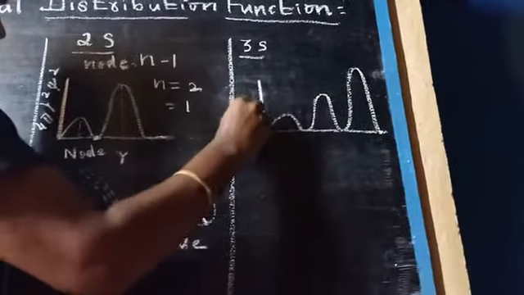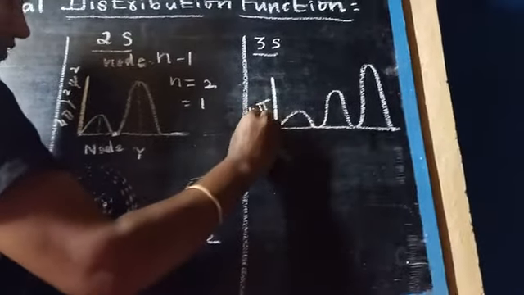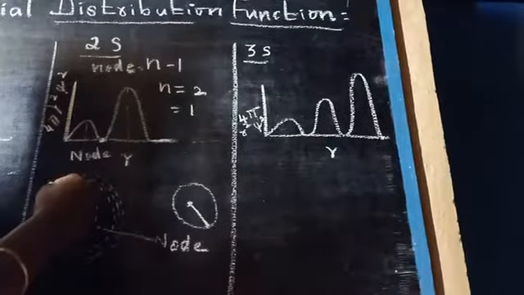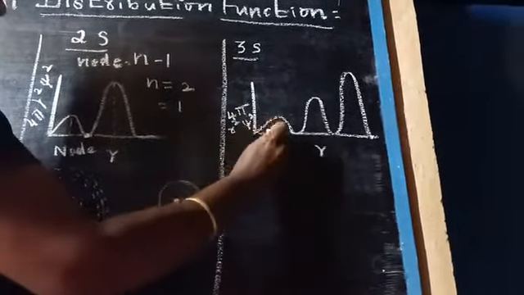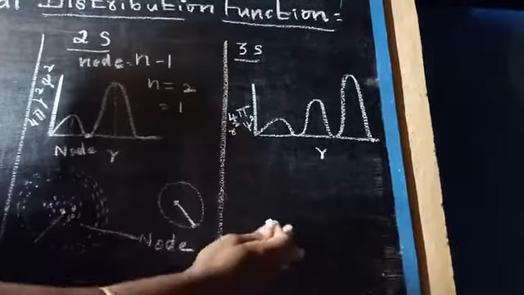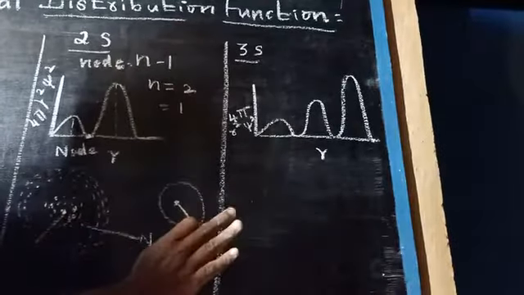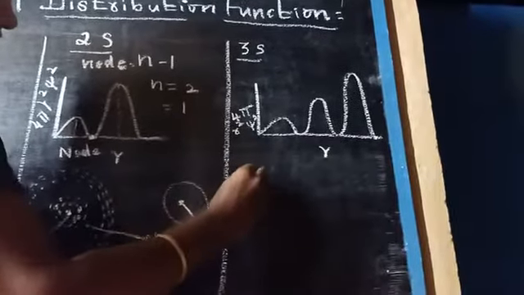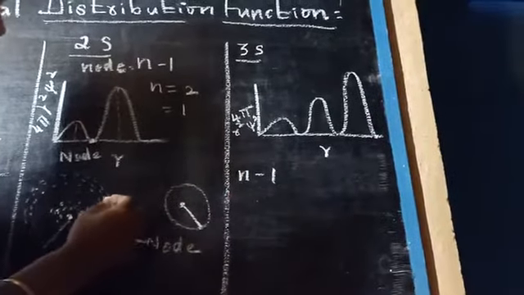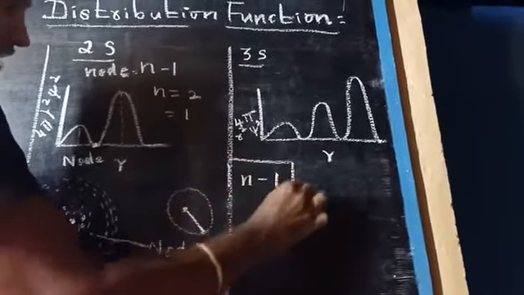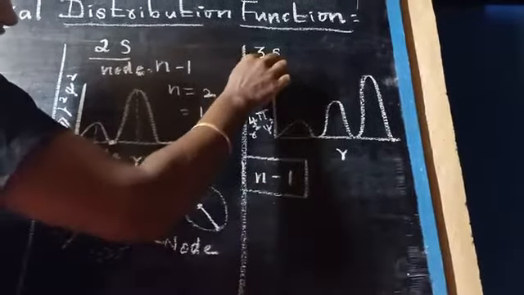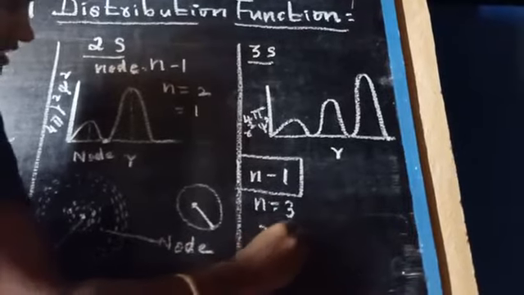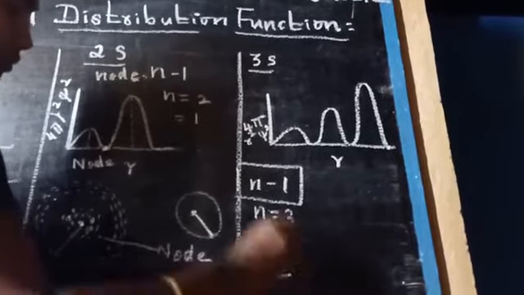The graph is plotted between 4 pi r square psi square versus r. Now, to find how many nodes are present in the 3s orbital, according to the node calculation formula n minus 1, for the 3s orbital n equals 3, so 3 minus 1 equals 2 nodes.